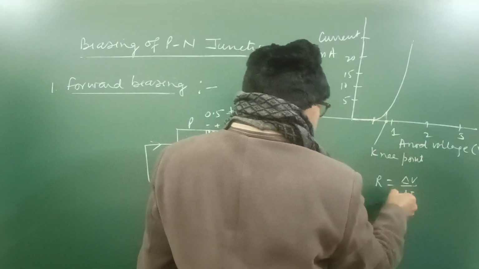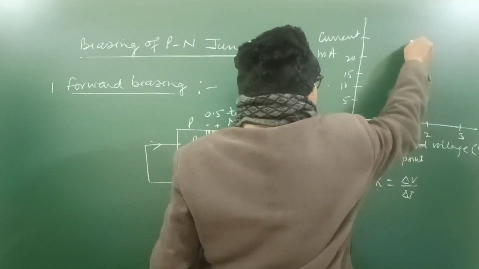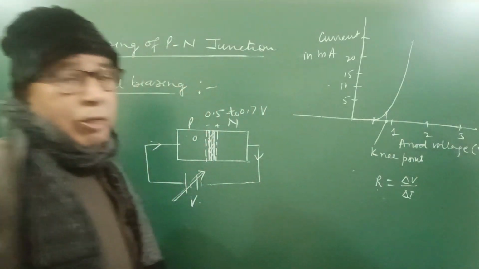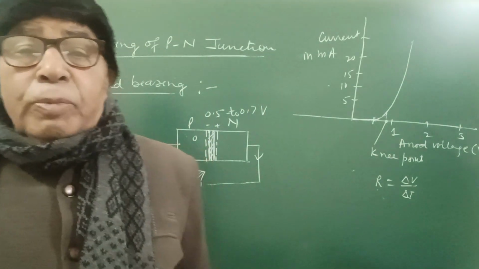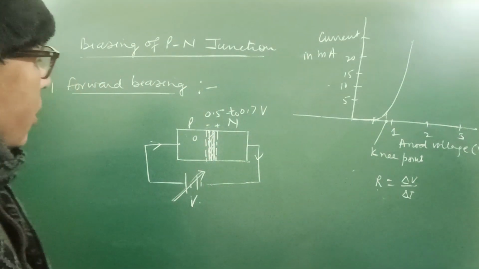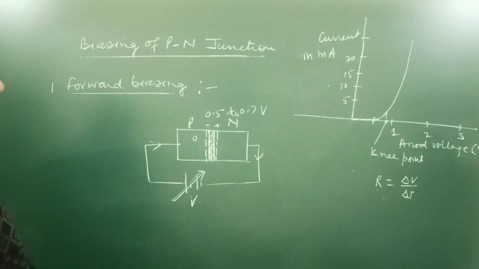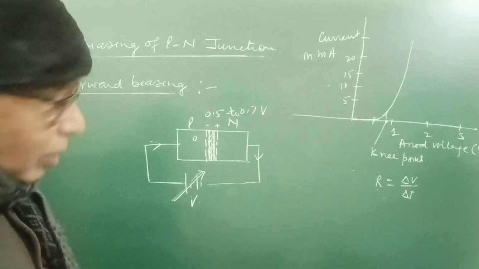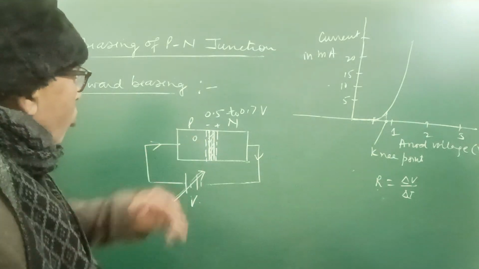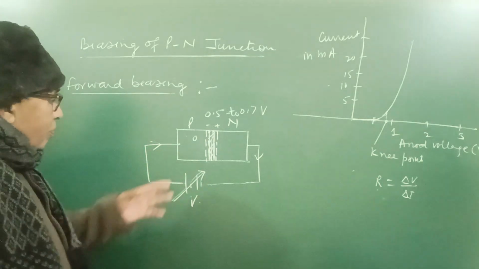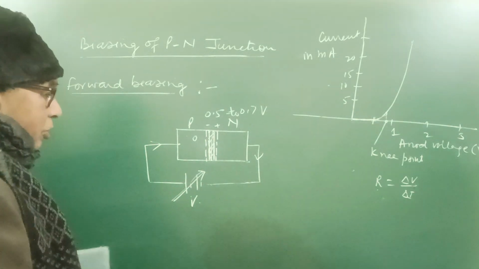Then resistance starts decreasing and becomes almost 0 above the knee point. Above the knee point, the resistance becomes 0. So in forward biasing, the P region is given a higher voltage than the N region.